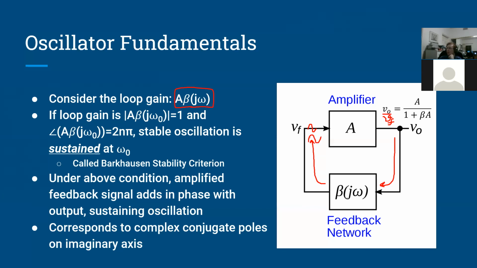Now the question is, what is the ratio of this larger signal, or smaller, it might be smaller, to the signal you started with? That's what A beta is. Does that make sense to everyone? Now of course, if you're feeding in a signal, it's going to go around in a loop again and again, so the output will not necessarily equal A beta. It'll be A over 1 plus beta A.